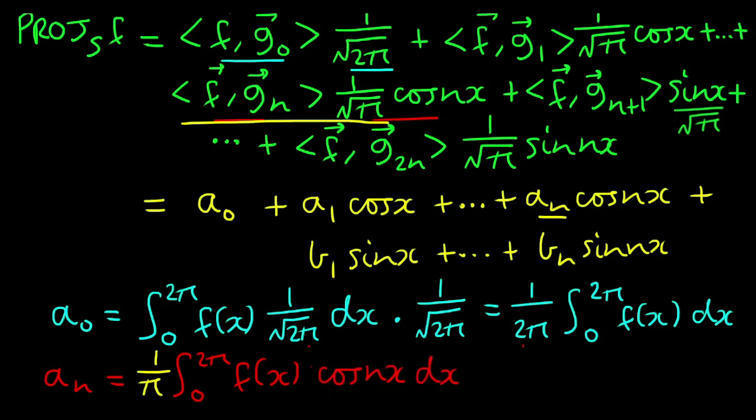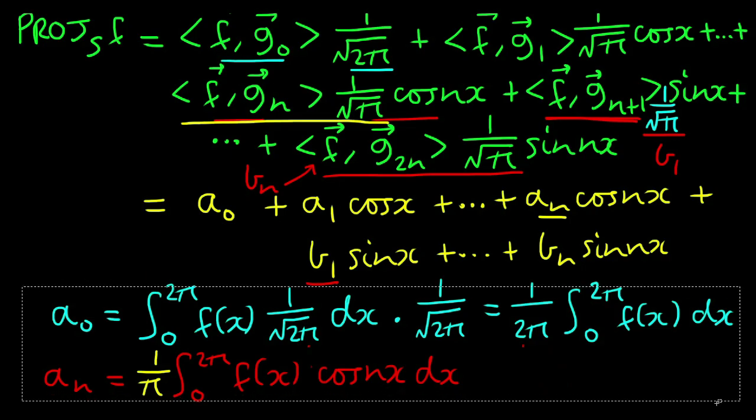And as an exercise, you can do the same for b1. So the coefficient b1 is this inner product multiplied by 1 on root pi. And as an exercise, also do the same for bn.